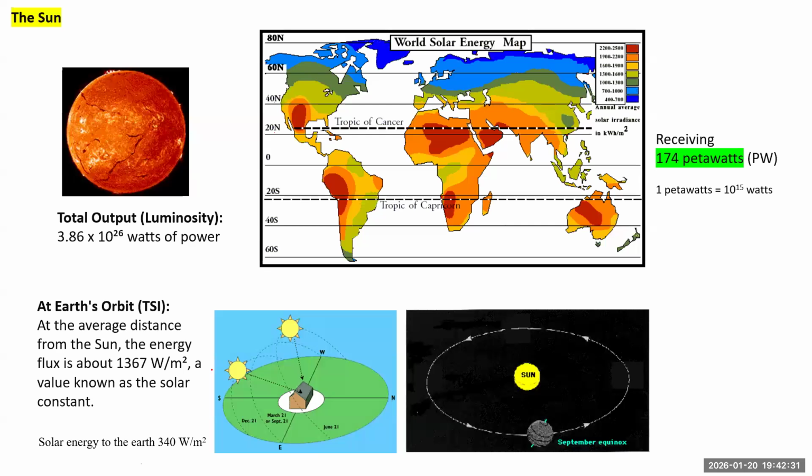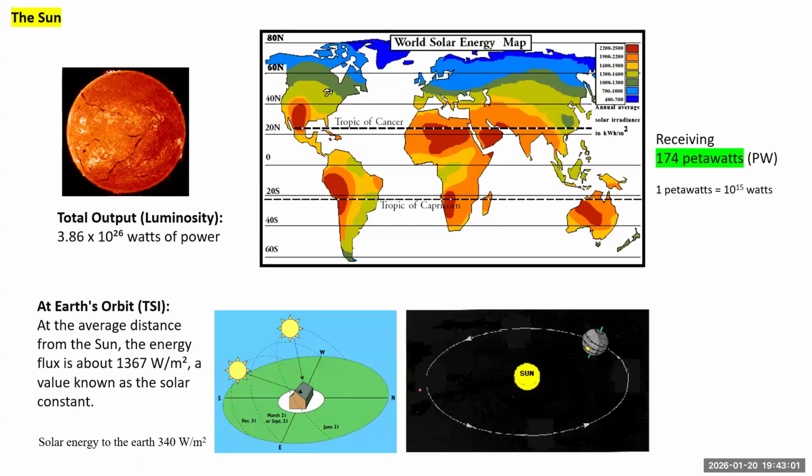Our Earth is receiving 174 petawatts annually. This is a rate, in watts. And we can see other important figures at Earth's orbit. For different seasons, the distance between the Sun and the Earth is different.